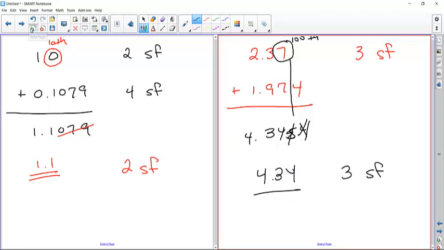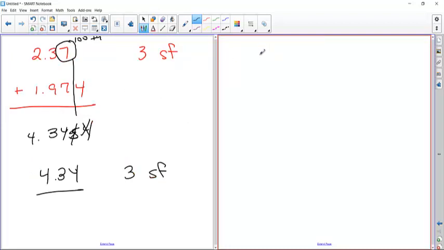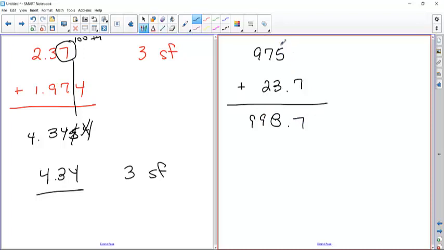Okay, let's do another one. So let's say you have 975, and you add 23.7. Again, you just plug it into your calculator, and your calculator would say that it's 998.7, but this only goes out to the ones place.